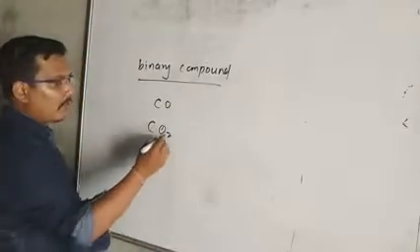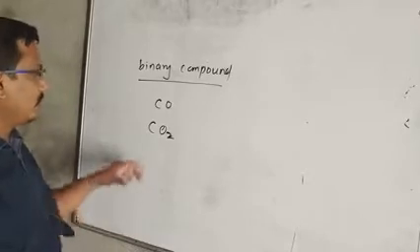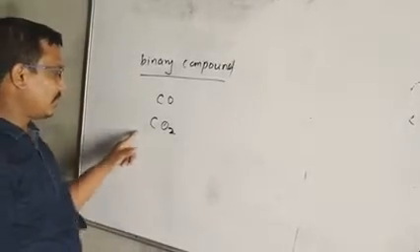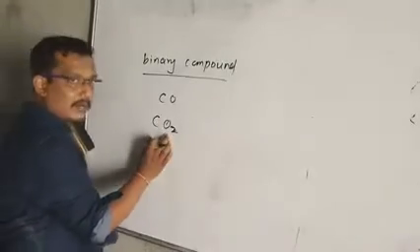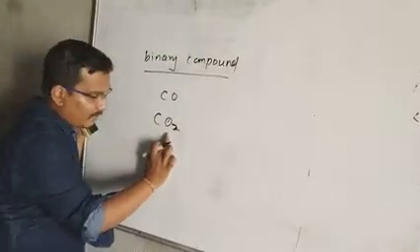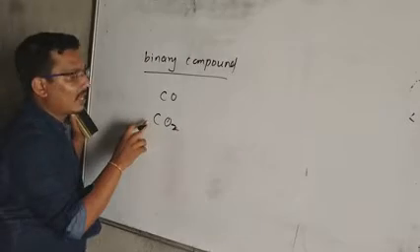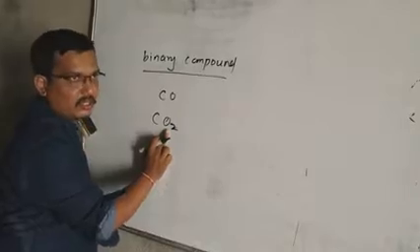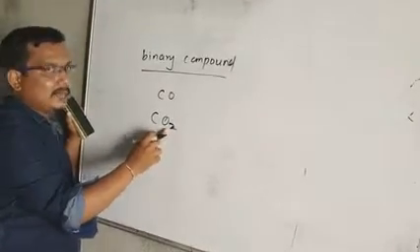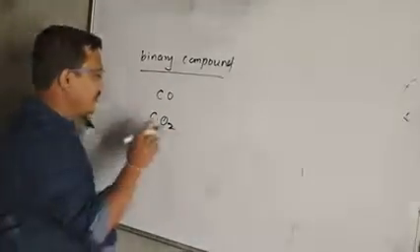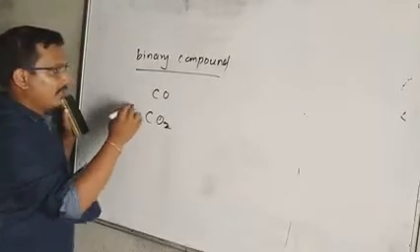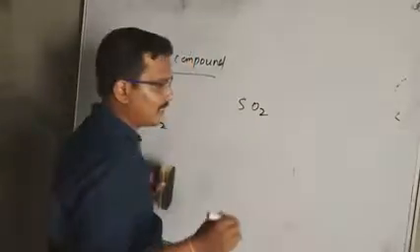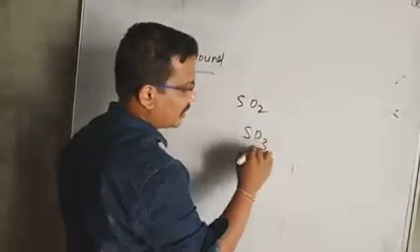CO2 has a total of 3 atoms, one carbon and two oxygen, but it is binary because there are two types of atom: carbon and oxygen. No doubt there are two oxygen atoms present, but they belong to one type. So this is a binary compound. Like that, SO2 is a binary compound and SO3 is a binary compound.